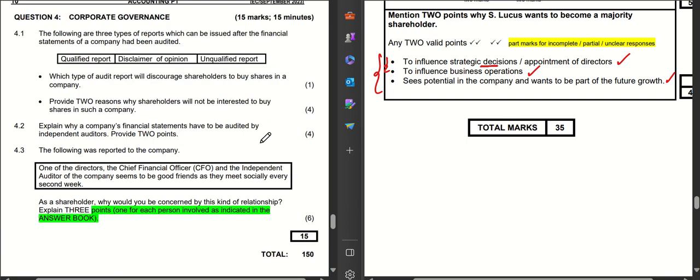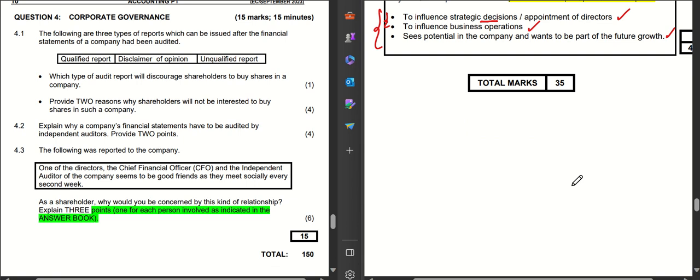Okay, I'm going to touch on this last question for the next few minutes and then we see how far we can go. All right, 4.1. It is now on corporate governance. It says the following are 3 types of reports which can be issued after the financial statements of a company had been audited.